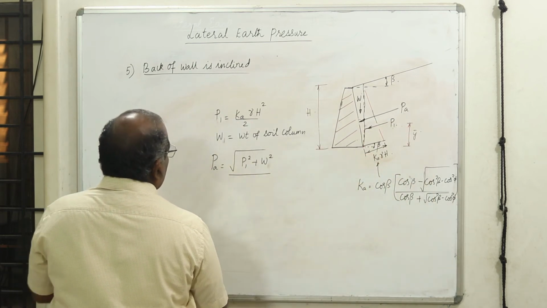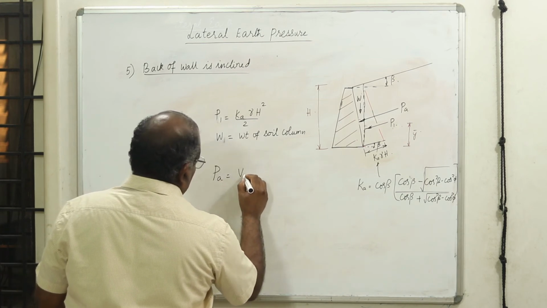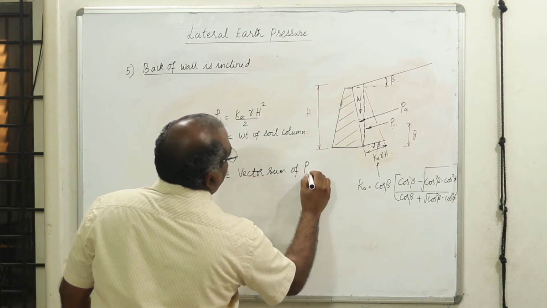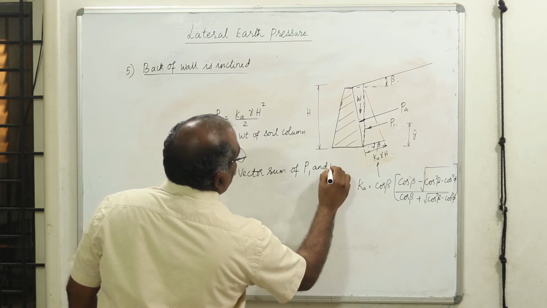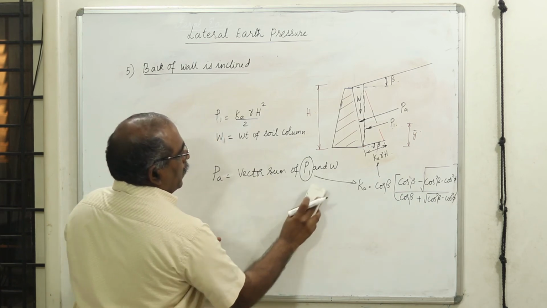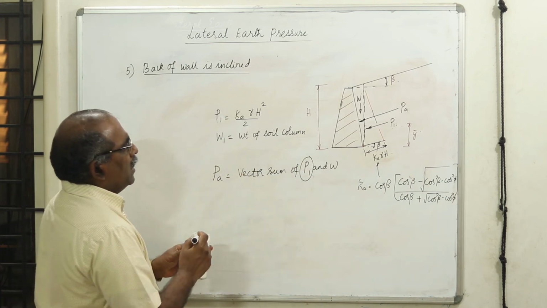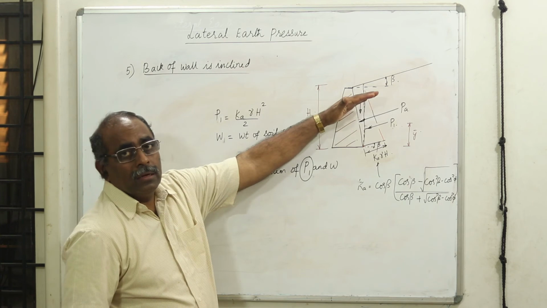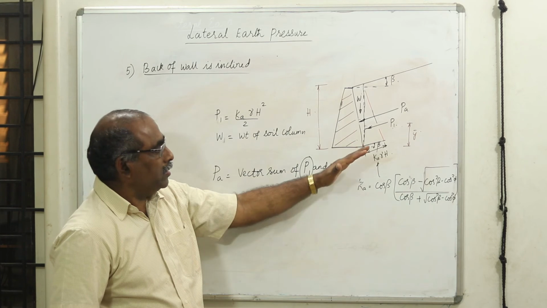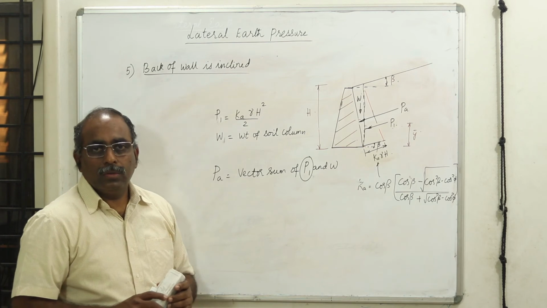Now PA for this case will be the vector sum of P1 and W. In the calculation of P1, you are using the modified expression of K. Slight modification, and the inclination of the thrust is also changing, and the inclination of the pressure distribution diagram, because of your soil, is also changing. It will be inclined at an angle beta with respect to the horizontal. These are the two changes.